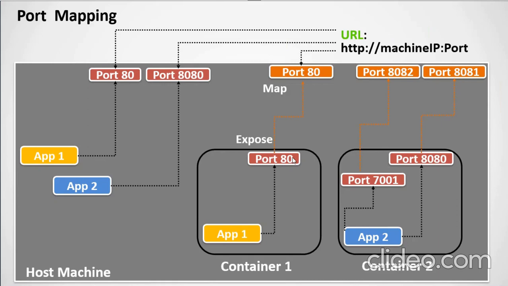How many containers can you run? It depends on the capacity of the machine. But logically, what you're saying is correct. For each container, whatever port is exposed, a simple logic: whatever is available on the host machine, you're going to map.